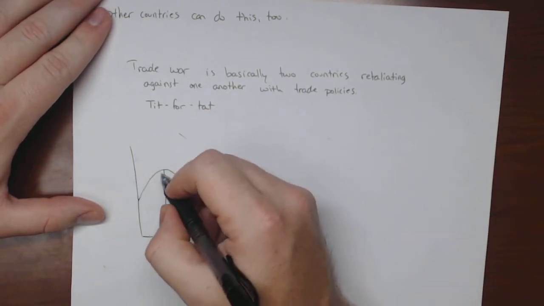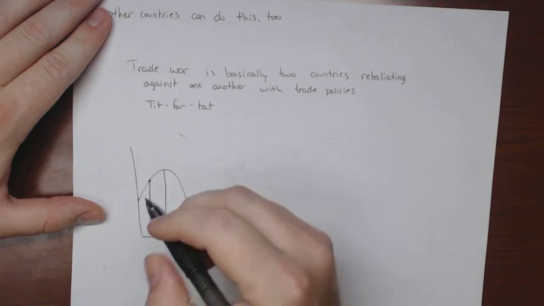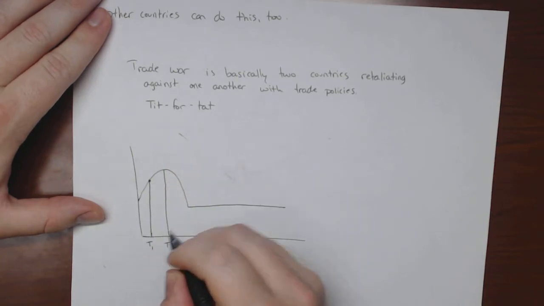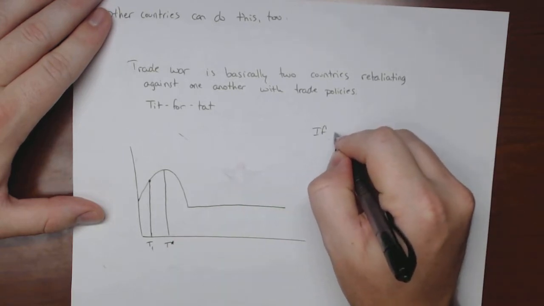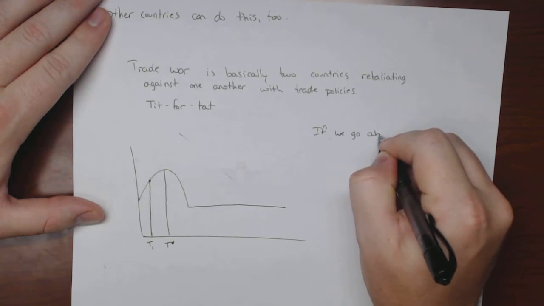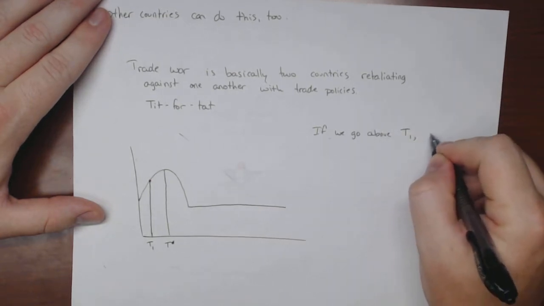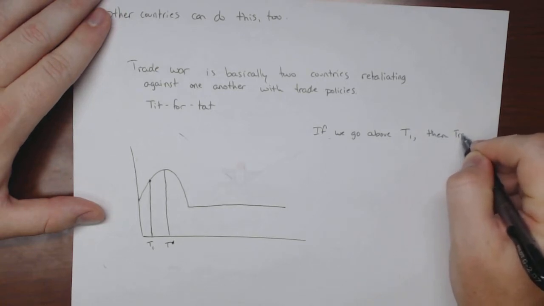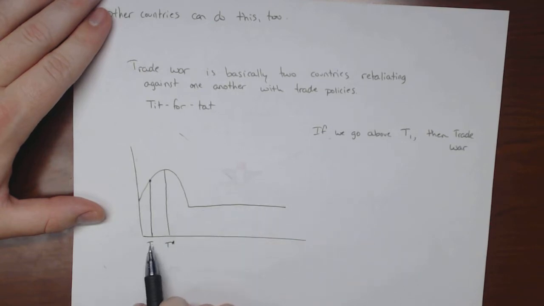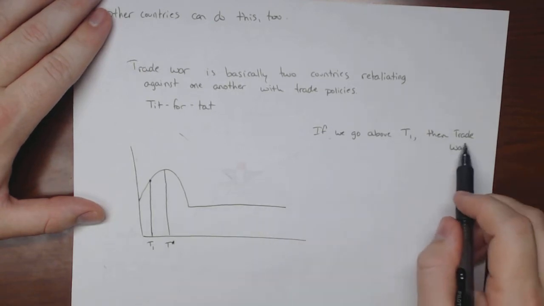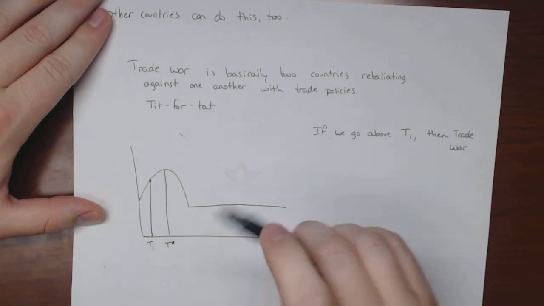Let's say we have something like this, we'll call this T1, right? If we go above T1, some tariff rate, then trade war, right? We may end up stopping at T1 just so that we can prevent this trade war, because if we have a trade war, that could shift all of this down really low.